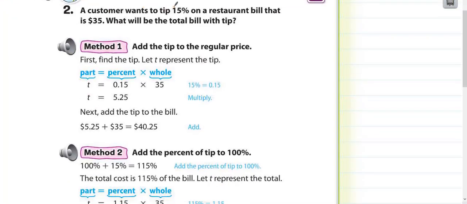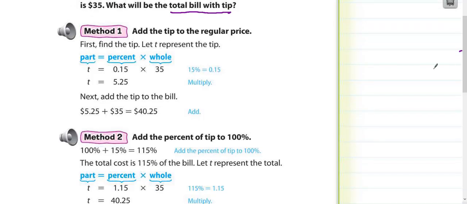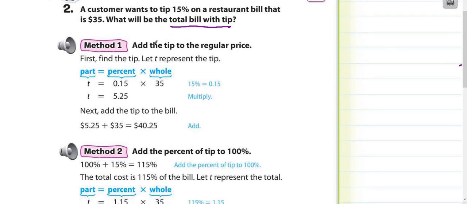Customer wants to tip 15% on a restaurant bill that's $35. What will be the total bill with the tip? When you're doing it, you don't just get to leave the tip. It's the total with the tip. So again, just like we did with the others, there are two ways of looking at this. Let me make sure you can read all of that.